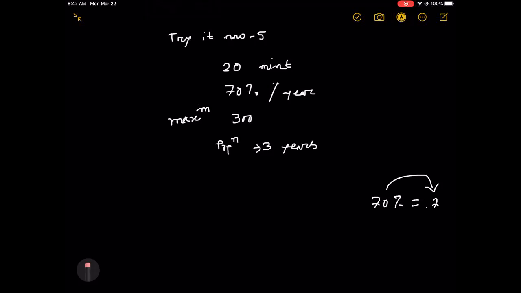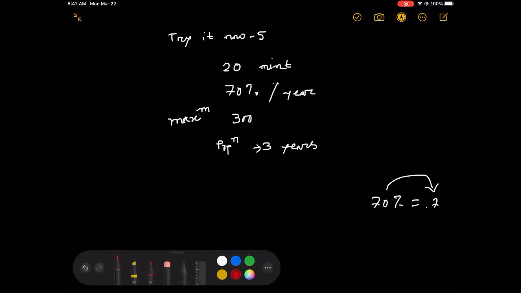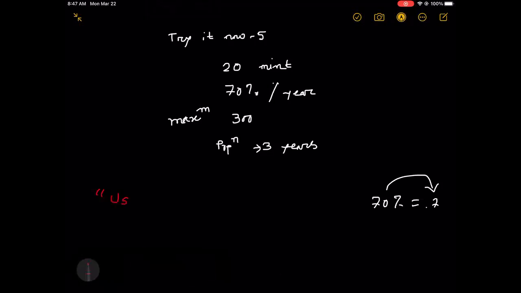So the question itself says to use the logistic model. So that's one pressure off our shoulders. We don't need to think about which model it could be.